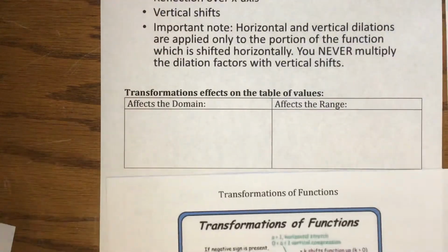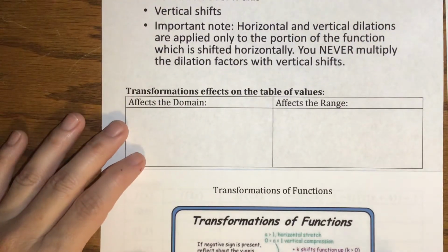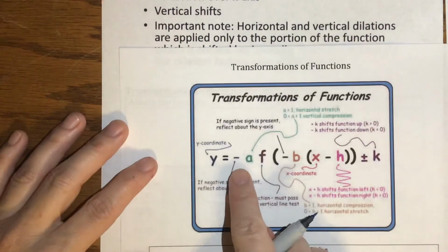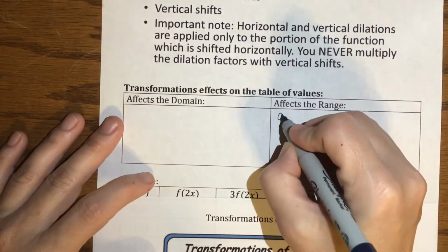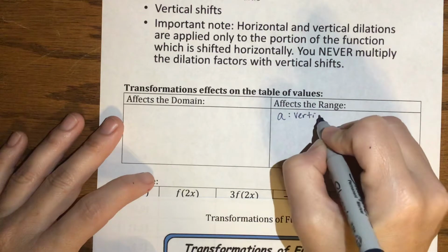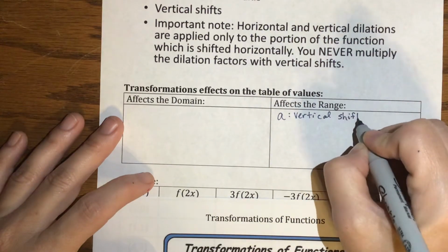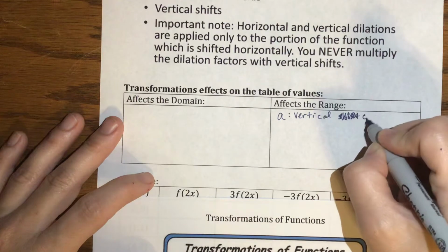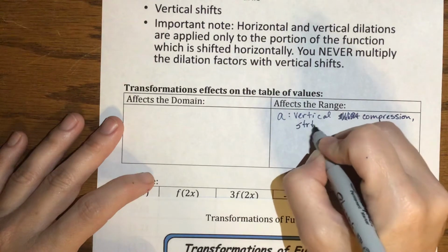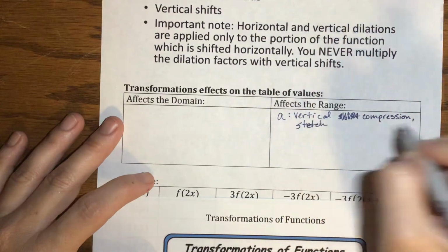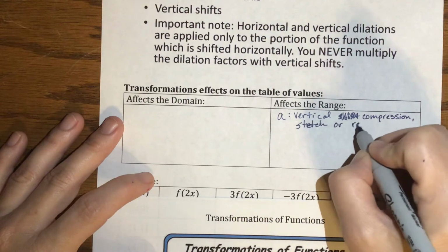Okay? So let's take a look here on this last page, looking at what affects the domain and what affects the range. If I go across here, my a is going to affect the range. Not shift, sorry. Compression, stretch, or reflects.